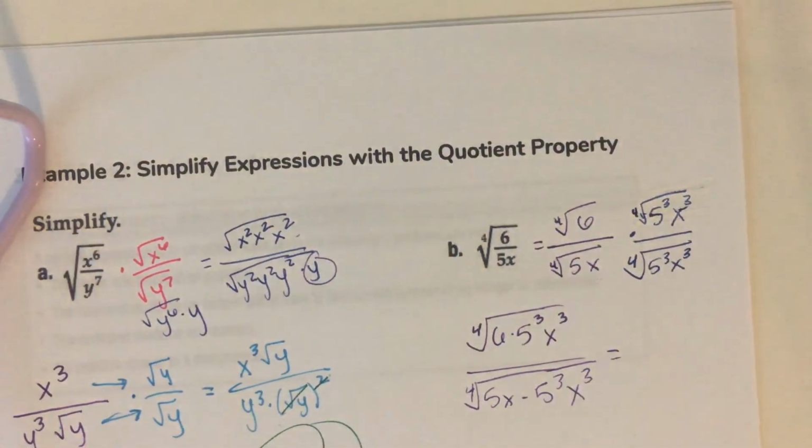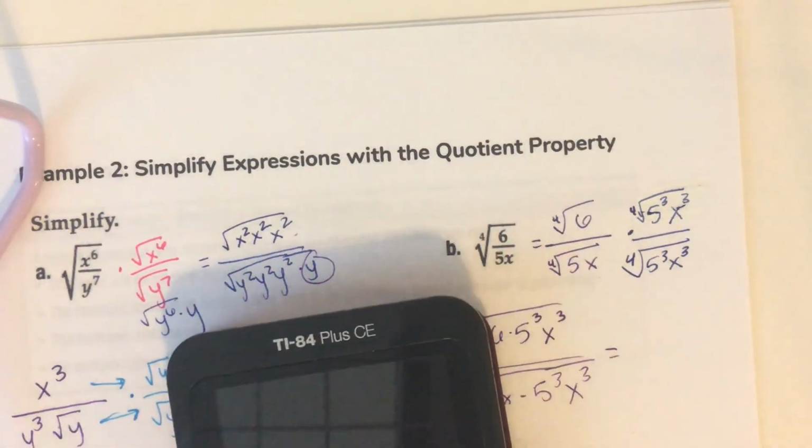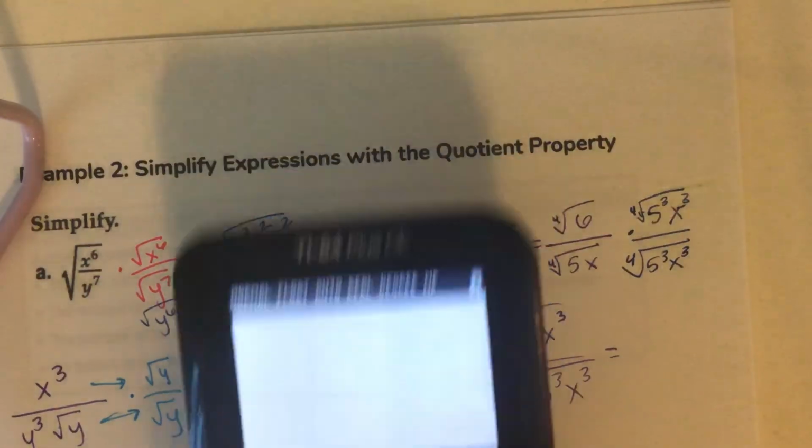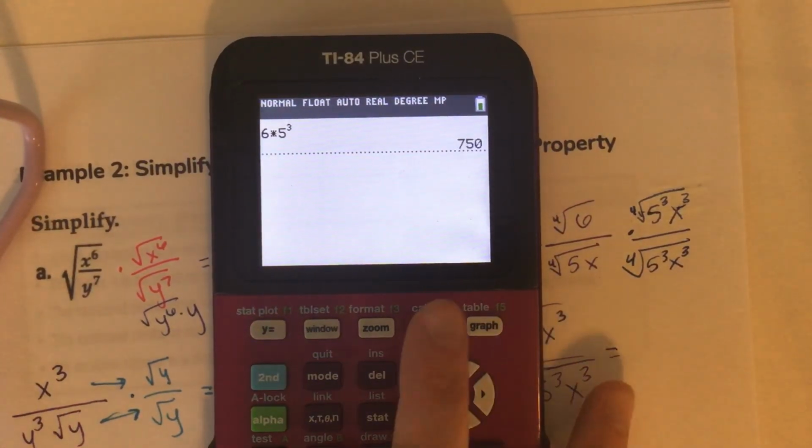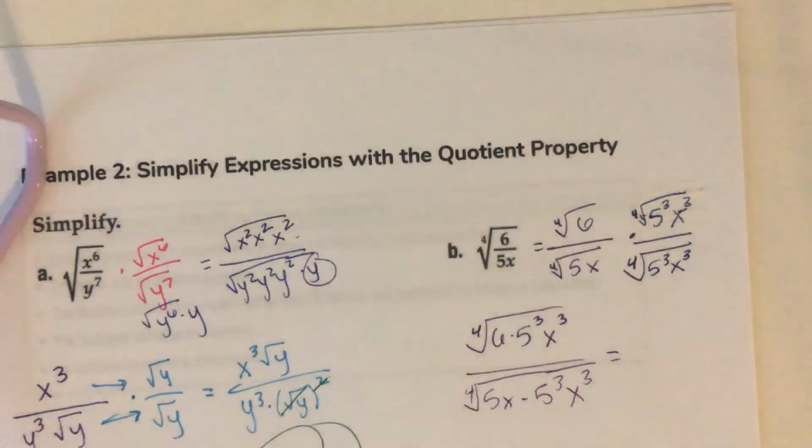And then I can clean this up a little bit. 6 times 5 cubed, I don't know that off the top of my head. I'm sure you guys don't either. So I can type it into my calculator here and do 6 times 5 cubed to get 750.